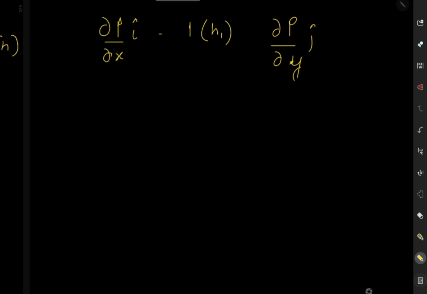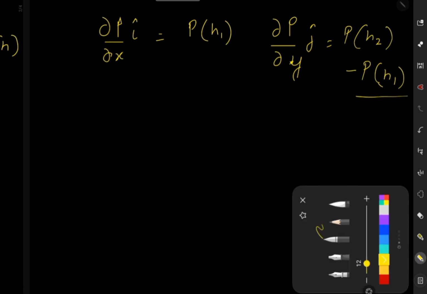It is P(h2) minus P(h1), because we were already at P(h1), so the gain in potential will be P(h2) minus P(h1) for the movement in y direction.